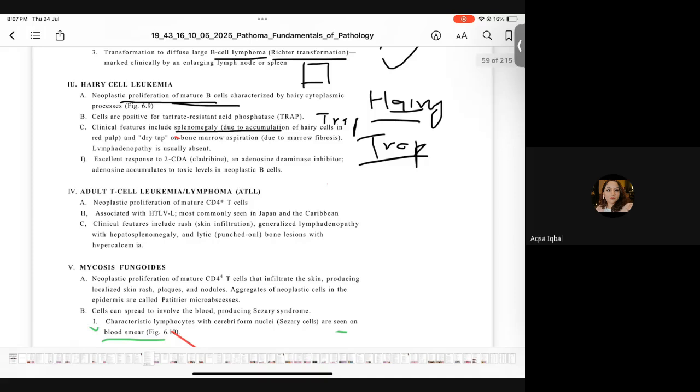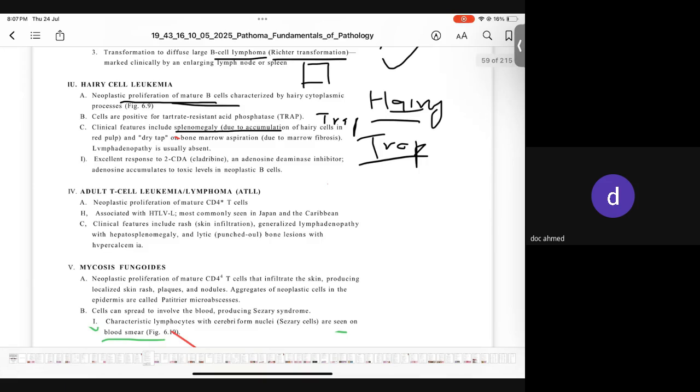I don't want anyone to get confused. Let me read it first. I don't want to just tell you something on my own. Let me read in detail why TRAP is positive or negative, what it is used for, and then I'm going to tell you. But you would never see any MCQ related to the TRAP phenomenon.